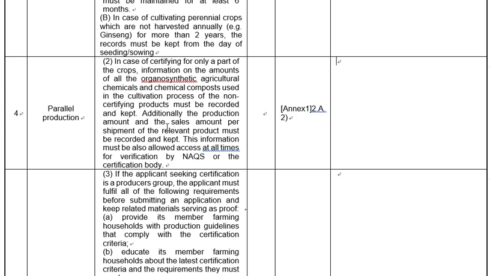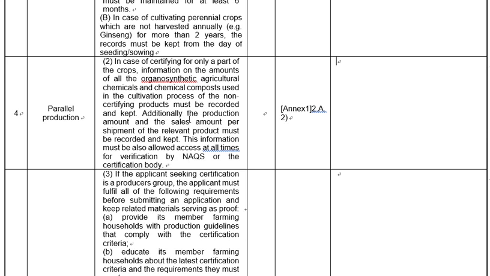Here it says, in the case of parallel production, the producer must record and keep information on the amount of all organosynthetic agricultural chemicals and chemical compost used in the cultivation process of non-certified products, in case of certifying only a part of the crop.